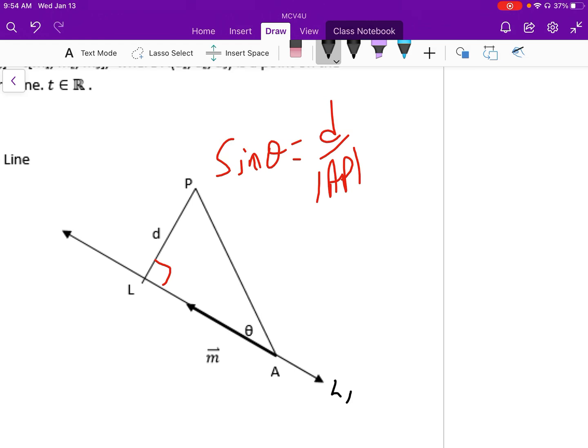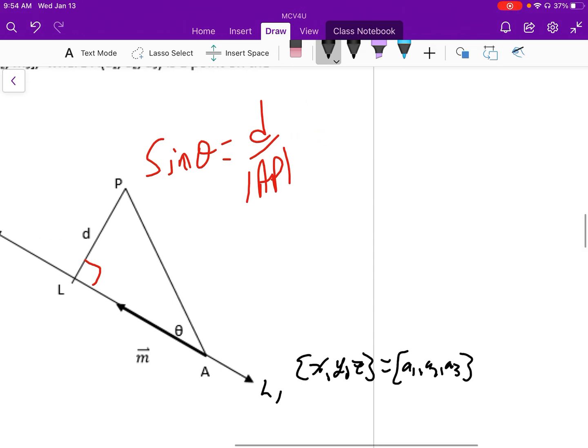Remember that L1, when we do this with the vector equation, has our point, and we use this as the position vector, so A1, A2, A3, and we add on our direction vector. We can say M1, M2, M3.